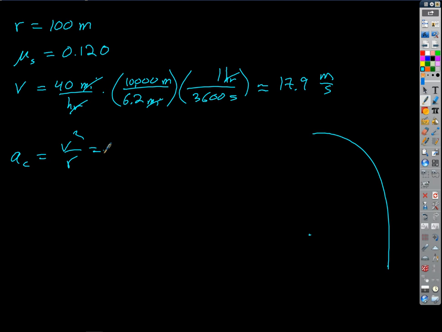Boy, that's pretty big. Are you sure? Yeah. I guess our radius needs to be a lot bigger than that. That is a pretty small radius for a road. Radius of curvature, let's make it 200 meters instead.